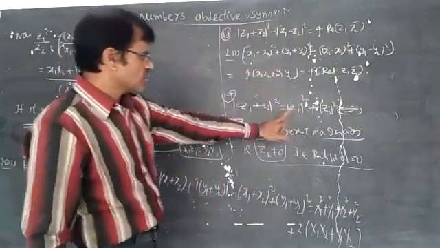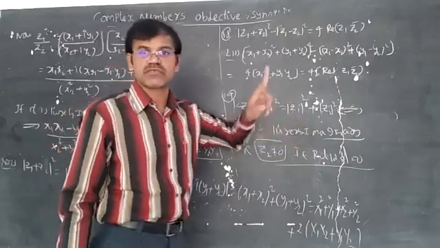What is meant by the first four terms? Modulus of z1 square plus modulus of z2 square.